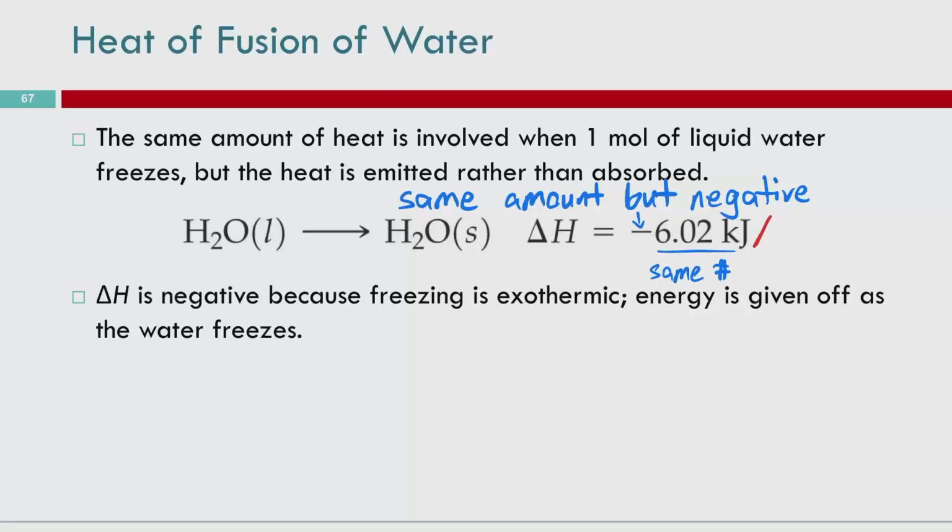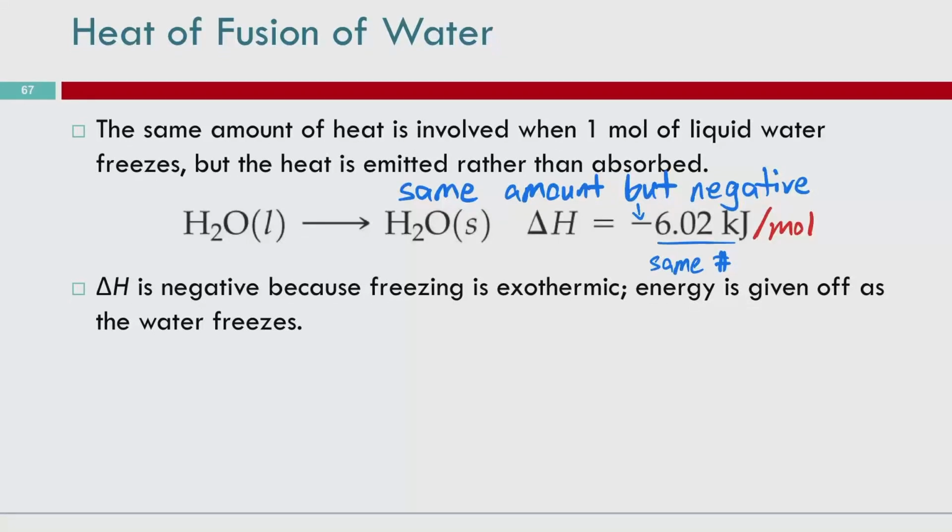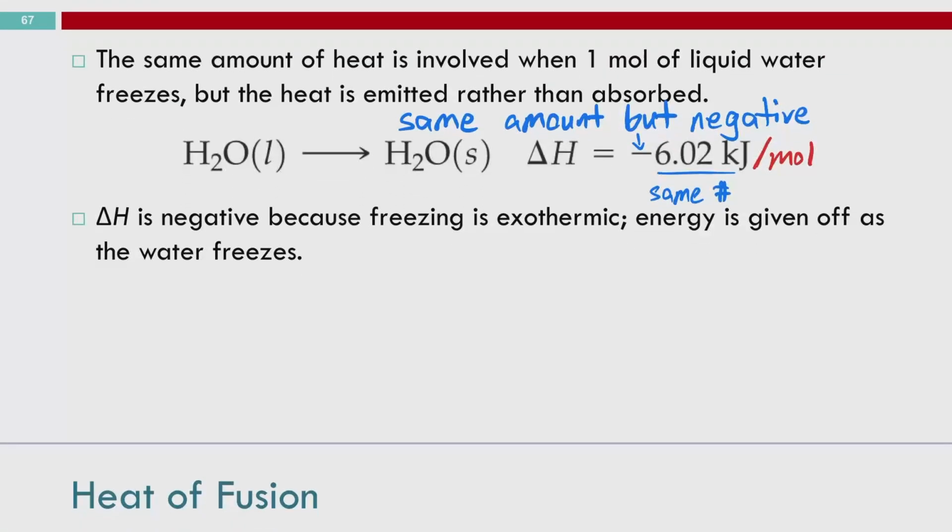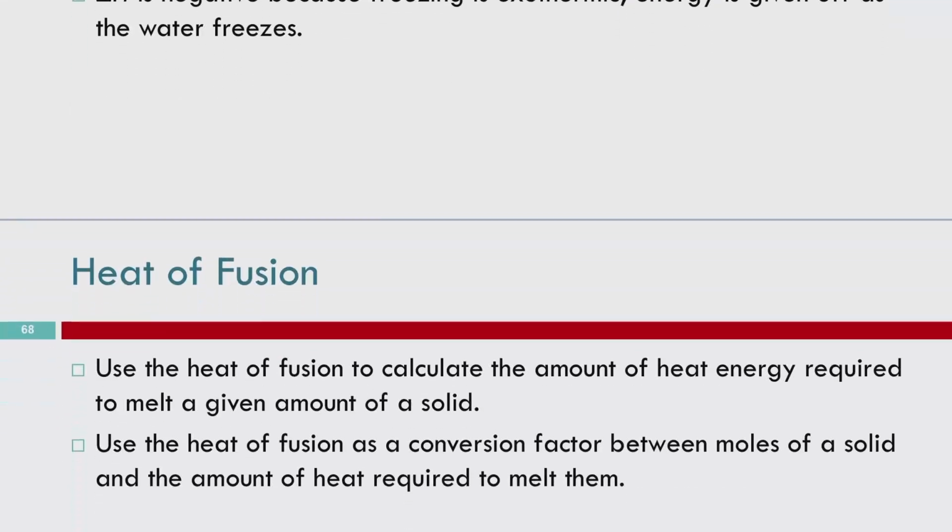And again, there's this secret per mole that's almost always left off that you need to know is there. It's not per gram, it's not per kilogram, it's not per liter, it's per mole. And again, this delta H is negative because freezing is exothermic, which is not intuitive. It feels wrong, but it's correct. Energy is lost to cause the water to freeze.